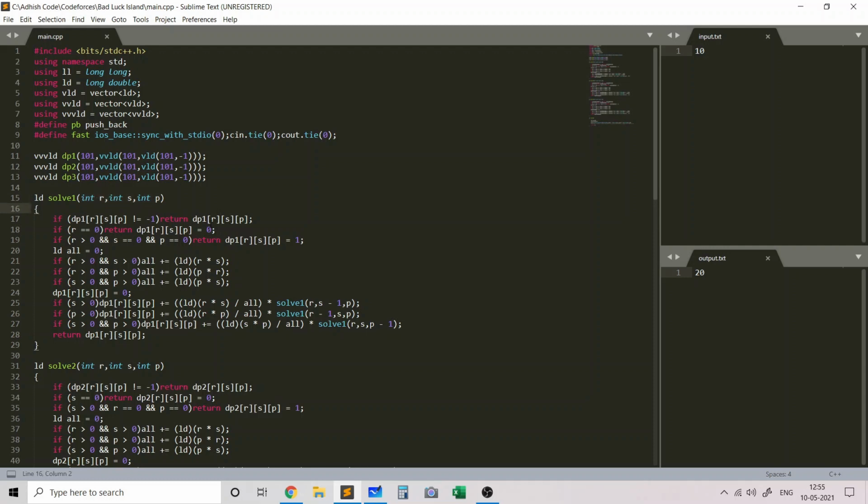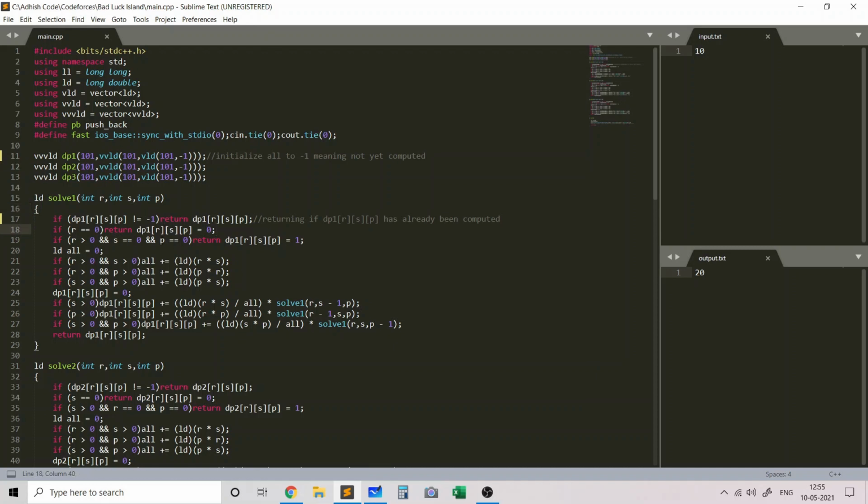So in the first solve function, we have int R, int S, int P as our parameters. If the DP value is not yet evaluated, this is the memoization: it returns DP1 of RSP if it has already been computed. I've initialized them to -1, which means it has not yet been computed, and hence if it's not -1, we return it.